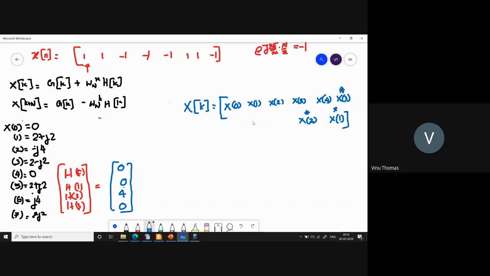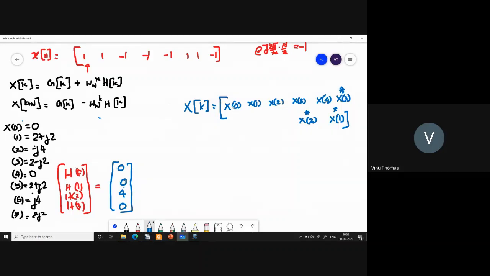See, X of 0, X of 1, X of 2, X of 3, X of 4, X of 3 star, X of 2 star, X of 1 star. So you have reduced your computational effort here. Therefore, you only need to find out the values up to X of 4 when the input sequence is real. So if the input sequence is not real, then you have to write out everything.